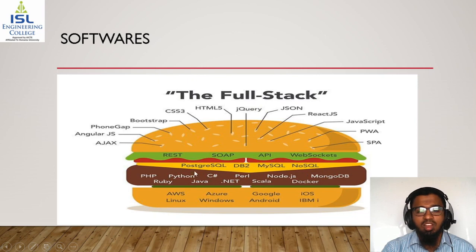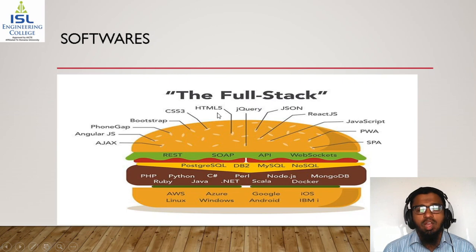Now here AWS, Linux, Azure Windows, whatever the databases are there, you can store on the cloud. So AWS, Linux, Azure Windows, Google Android, iOS, IBM i, all this will be used. So from here we are seeing HTML5 and HTML6.